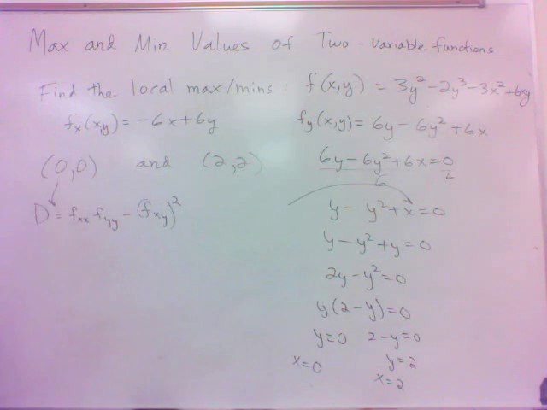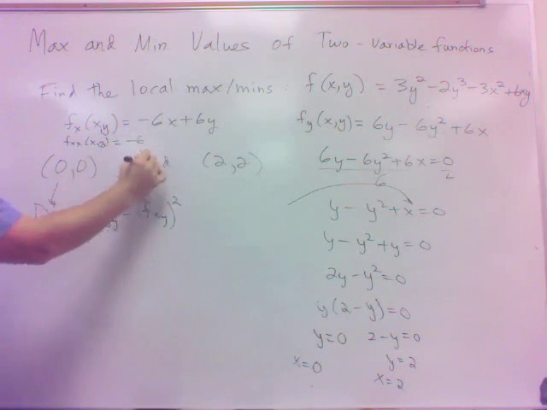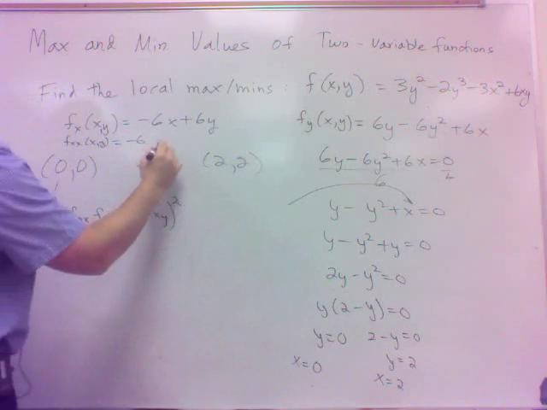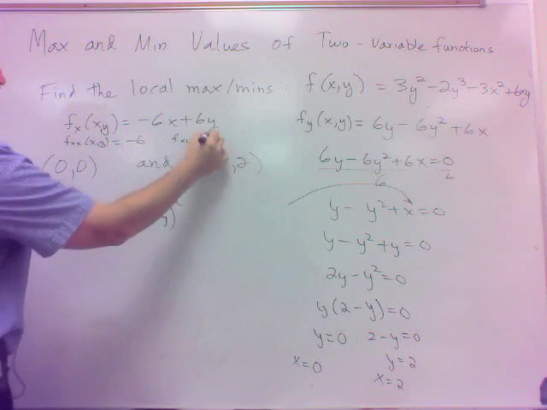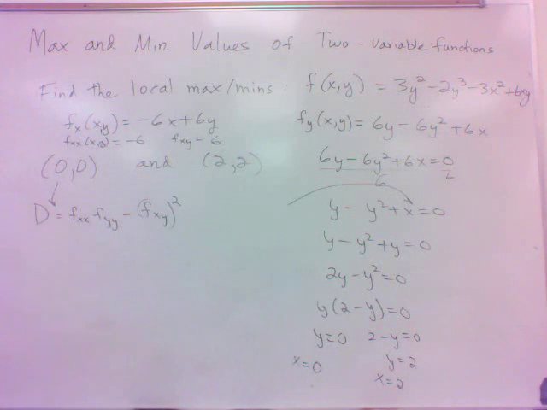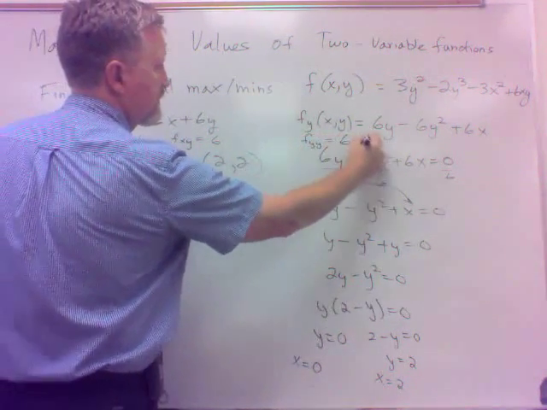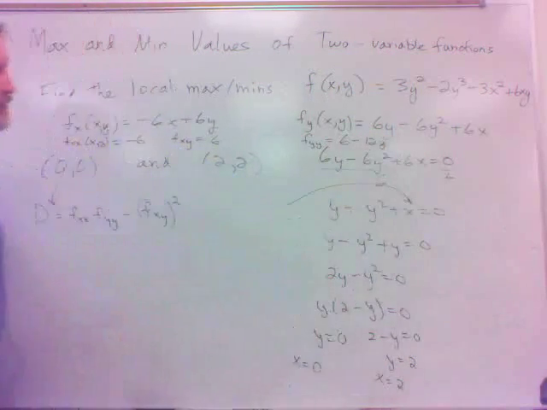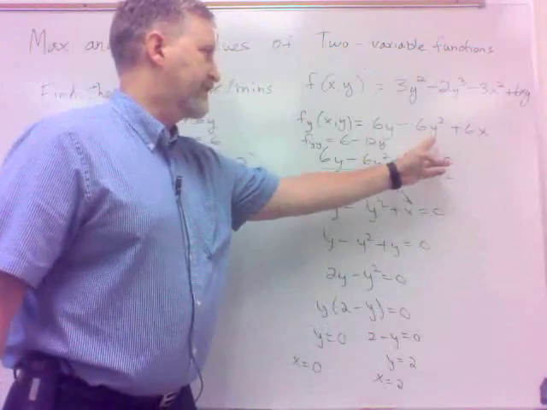Well, we need those second derivatives, don't we? Fxx would be negative 6, okay, and fxy, so this with respect to y would just be positive 6, wouldn't it? And then fyy is 6 minus 12y, just doing the partial derivative with respect to y of that one.